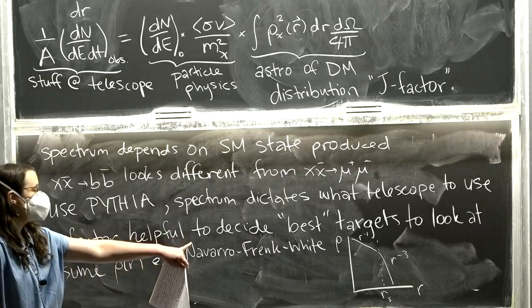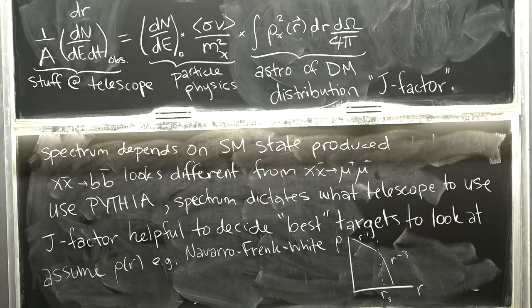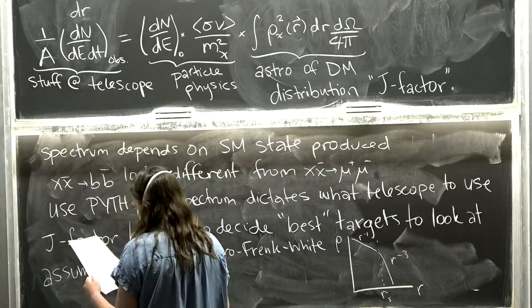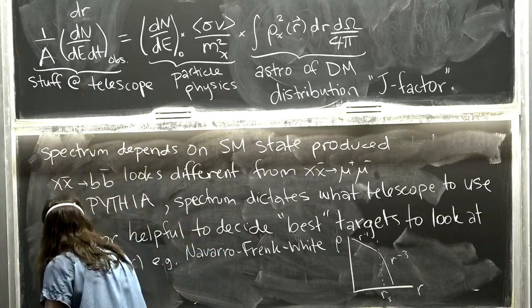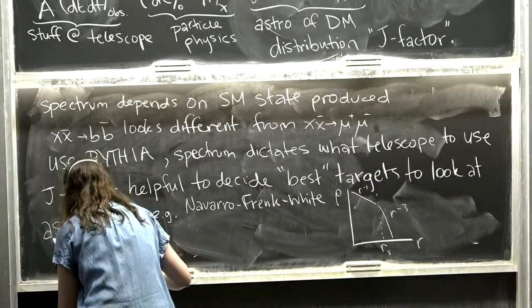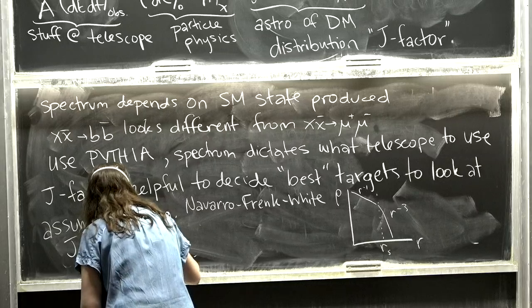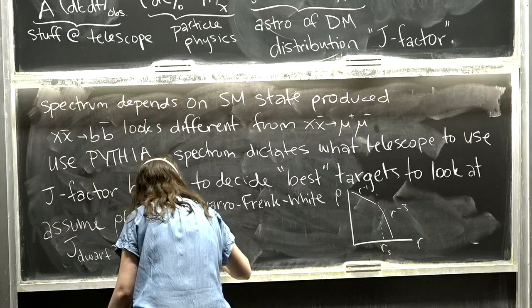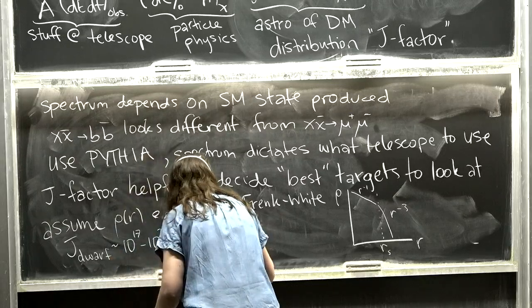So if you assume something like an NFW profile, you can then go and try to measure dynamically what would be the parameters of that NFW profile that would be consistent with observations of stars orbiting around in these potentials, and you can try to figure it out that way. So from doing that, you find that the J factor of dwarf galaxies, J dwarf, can be anywhere from 10 to the 17 to 10 to the 20 GeV squared per centimeter to the 5th power.